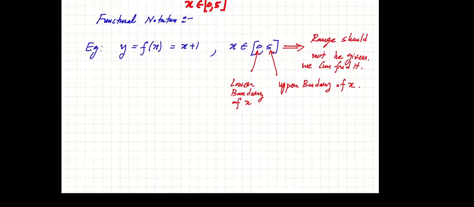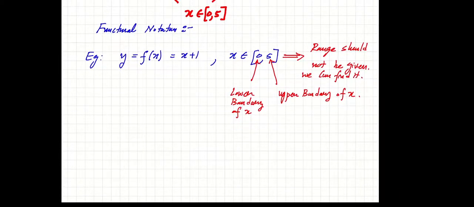Then how to find the range? Always we do this, even in VCE we do this. We put your lower boundary first in here. So once you put x is equal to 0, your y value becomes 0 plus 1, which is 1.